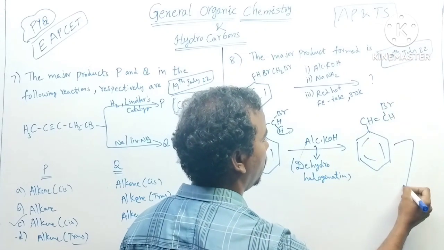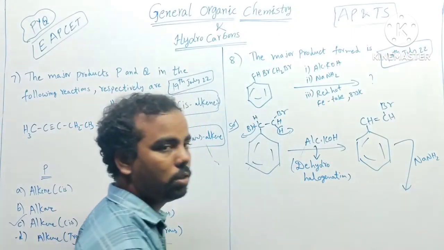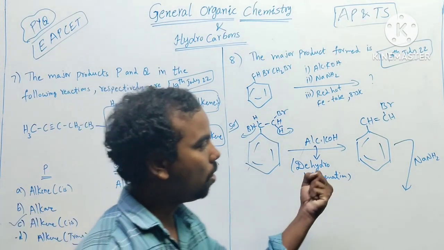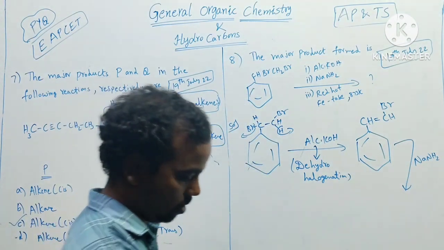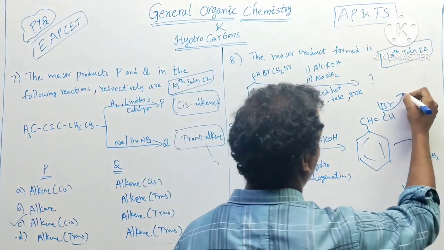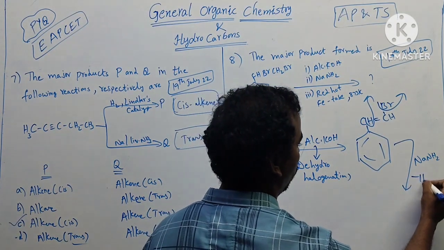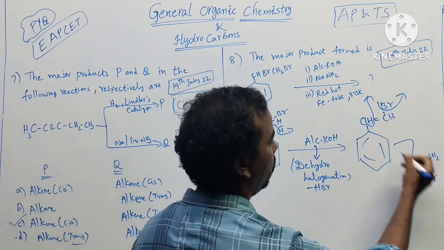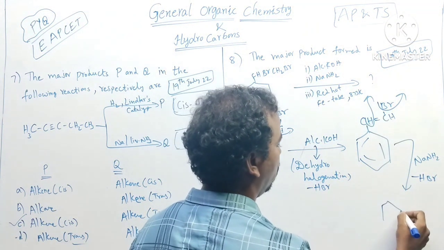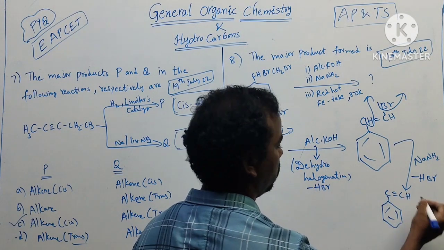Again, if you add NaNH2, sodamide, it is also a dehydrohalogenating agent. It is a strong dehydrohalogenating agent, sodamide or sodium in liquid ammonia. So here Br minus and hydrogen are removed as HBr. Here one mole of HBr, here another mole of HBr. So then it forms C triple bond CH.